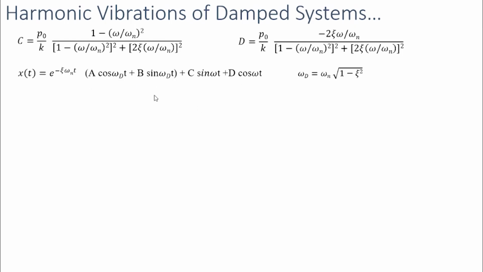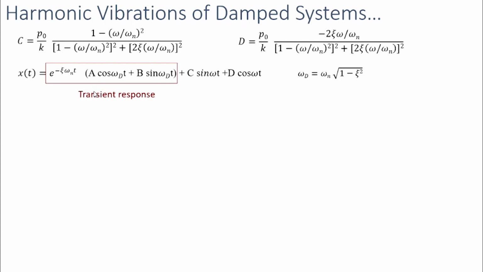So if you look at the solution, these two terms decay with time. So this exponential function is in terms of t. So as time increases, these two terms decrease with time.